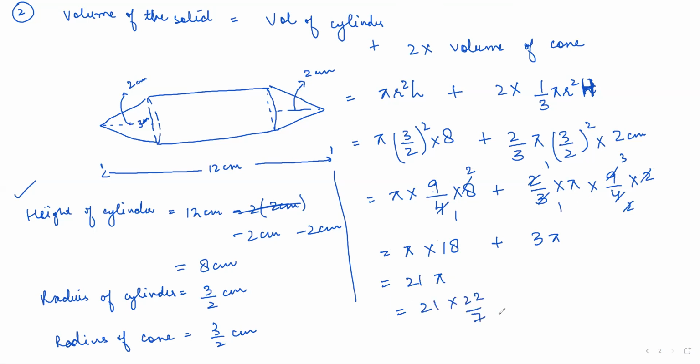So this is 7 into 1, 7 into 3, and this gives you 66 centimeter cube. Yeah, now we are right. Done, Hamna?